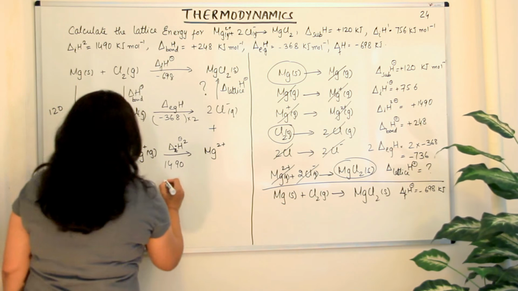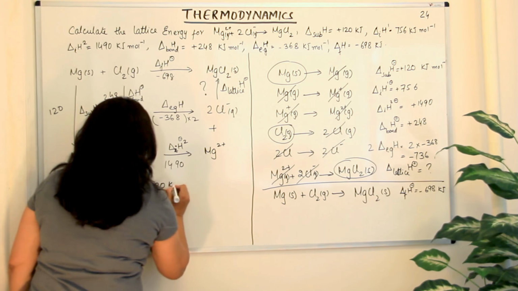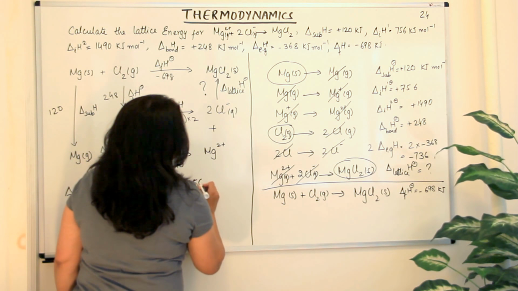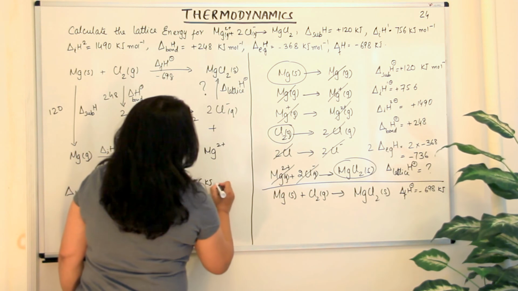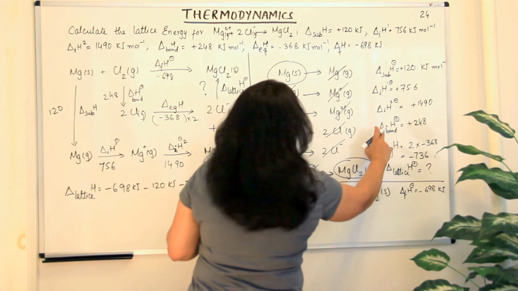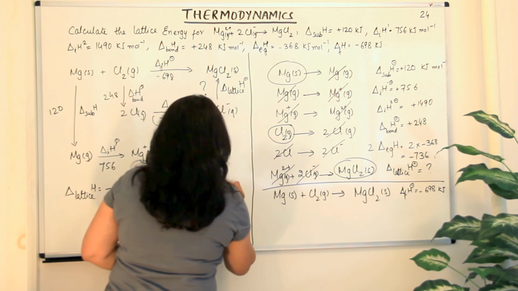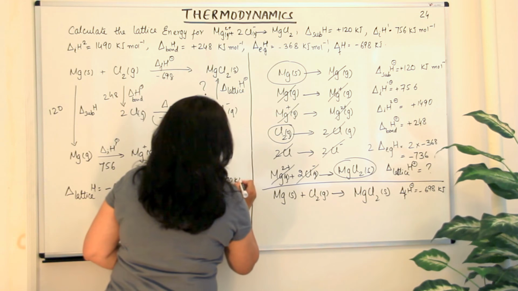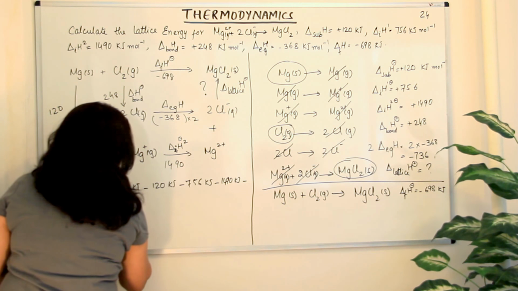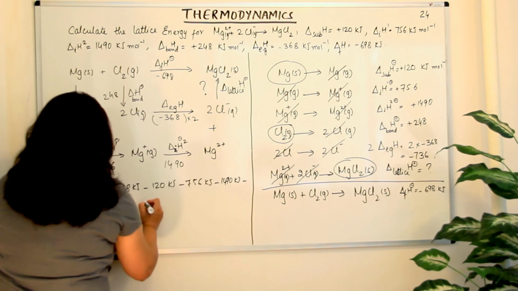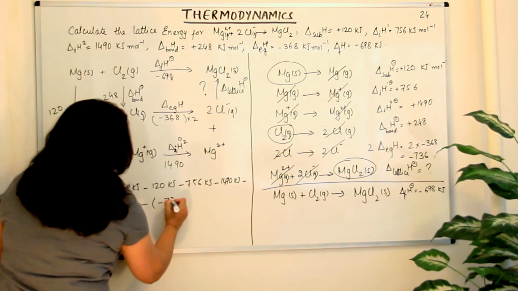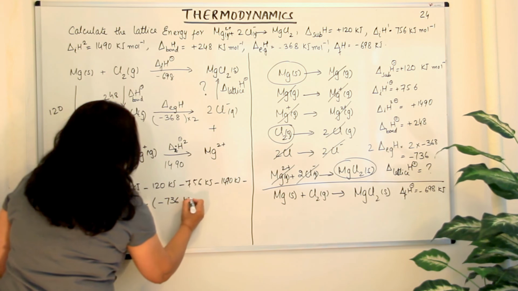So minus 120 kilojoules, minus 756 kilojoules, it's all per mole, minus 1490 kilojoules, minus 248 kilojoules, minus 736 kilojoules.